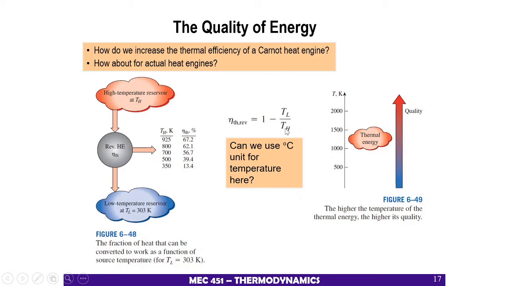In order to have higher efficiency, this ratio must be as low as possible, because 1 is the greatest. Something divided by infinity gives a value near 0, and that is what you need to get your efficiency close to 100%.